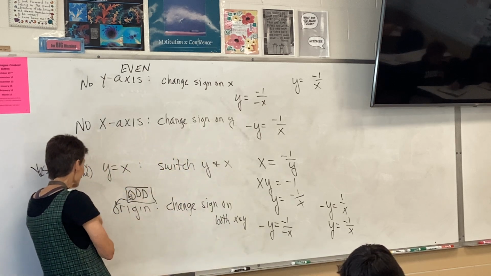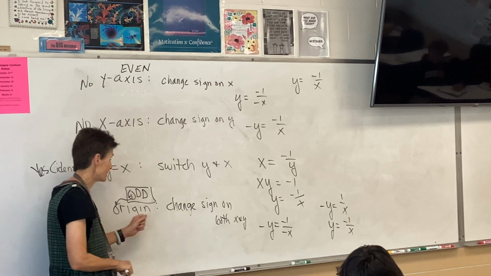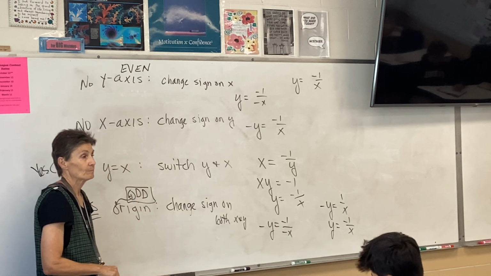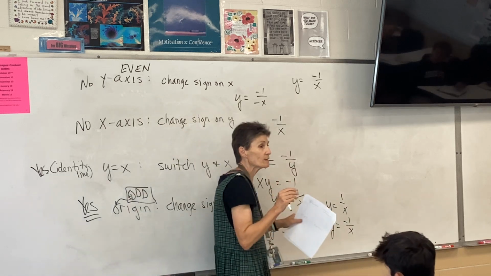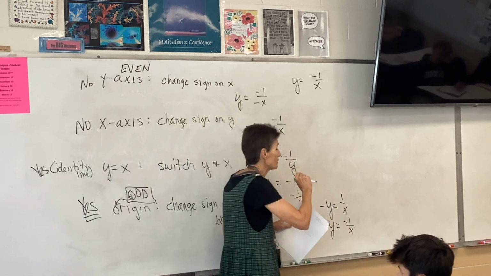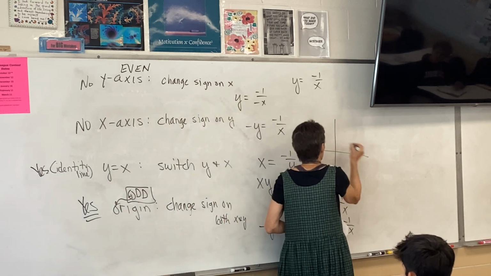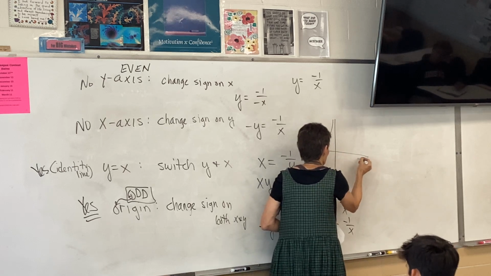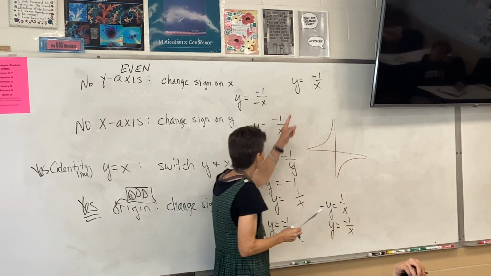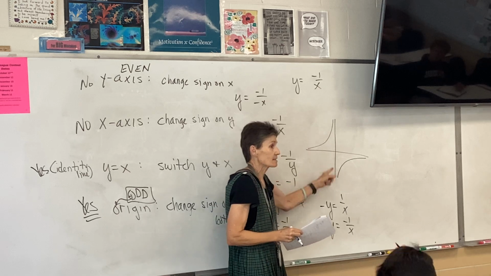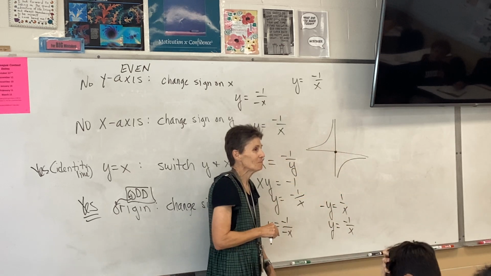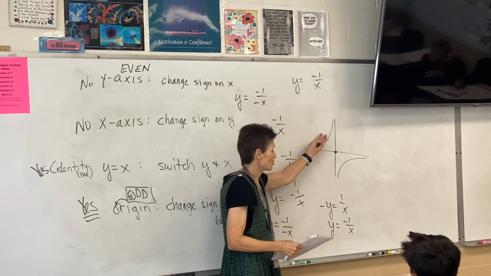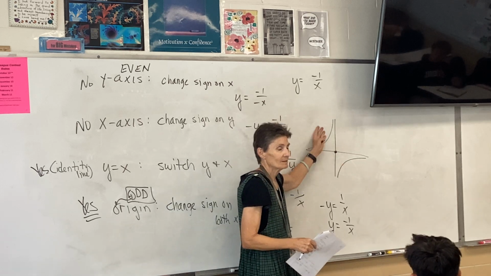So that means that this function is odd. And I'll just show you, you don't need to know this right now. Eventually in this unit you will. But right now I'm going to tell you this is what that picture looks like. This right here looks like this. Here's the origin. Does that have symmetry about the origin? It sure does, right?